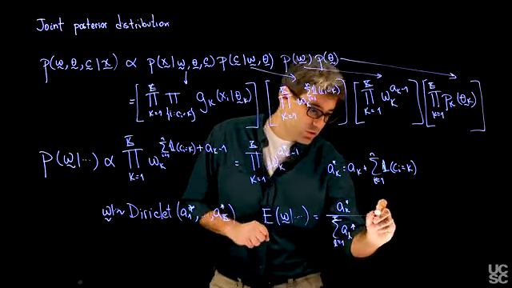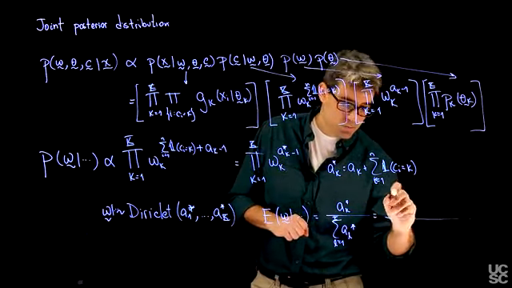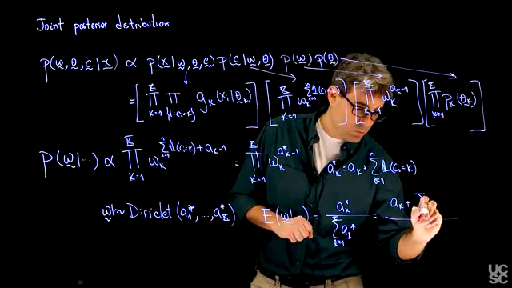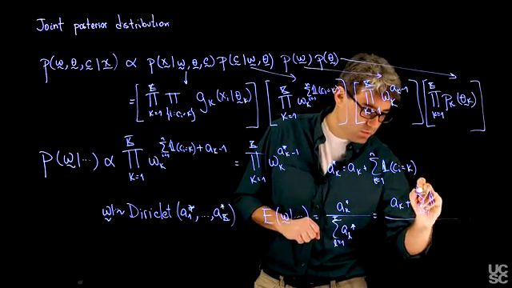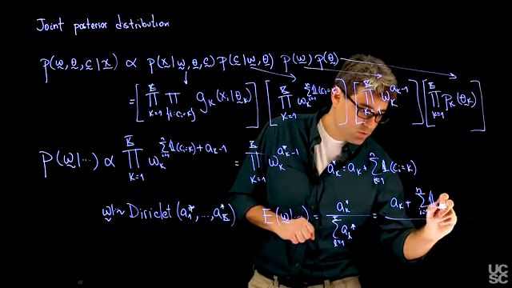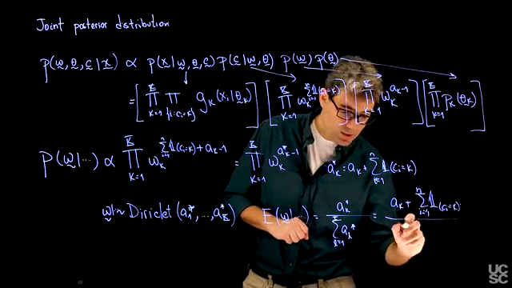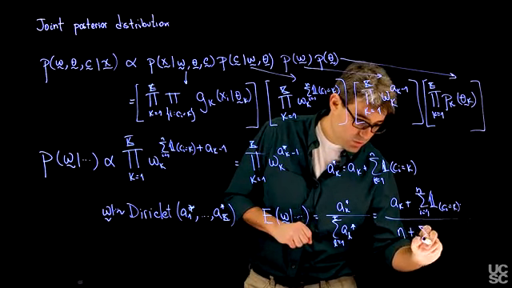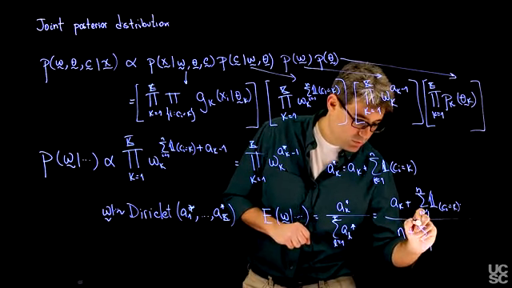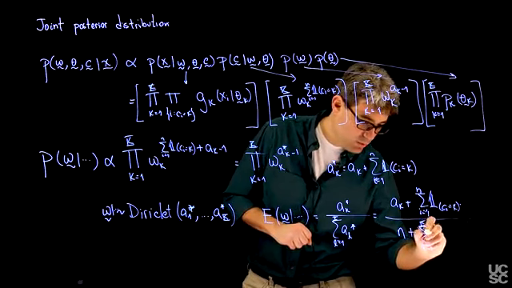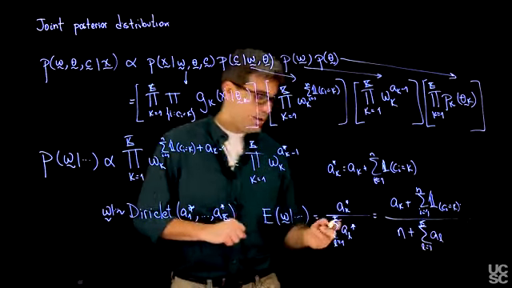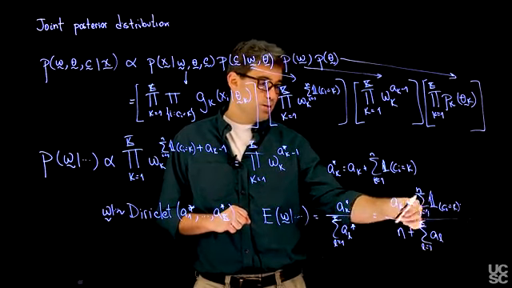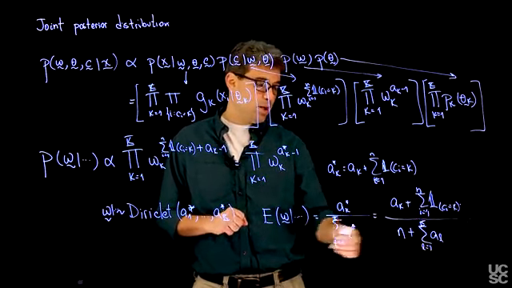But this is just a sub k plus the sum from 1 to n of these indicators, c sub i equals k, divided by n plus the sum from L equals 1 to capital K of the a sub L's. And n just comes from the fact that if I sum over all the components, then the sum of those values is going to be n.